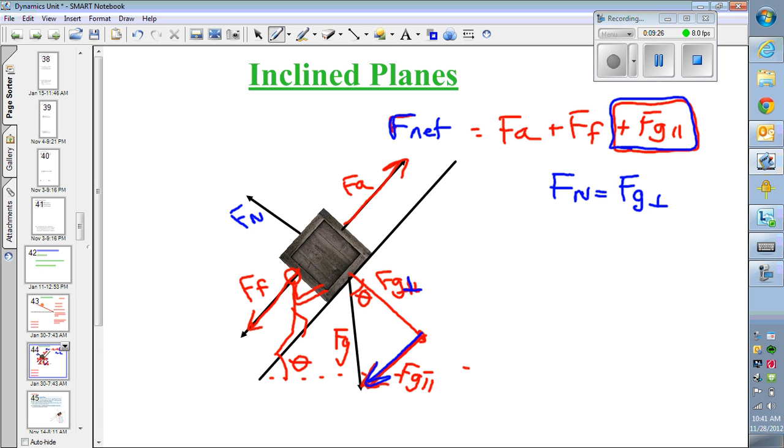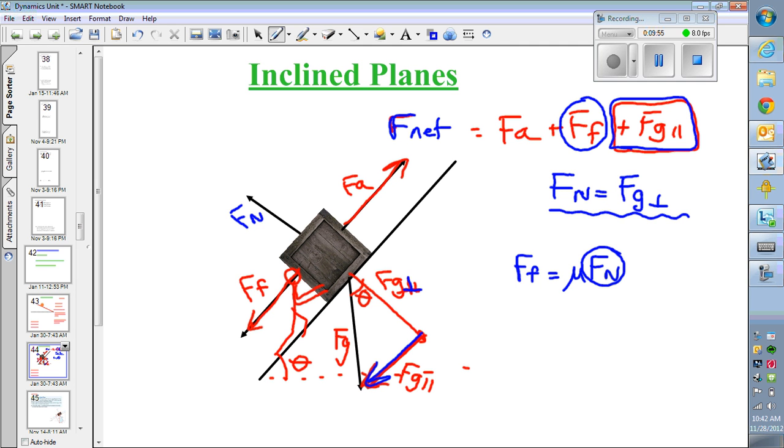The only other formula that we have to figure out when we get into our example is this frictional force. If you remember from before that the frictional force was mu times the normal force. Well, the good news, that's still the same formula. Ff equals mu Fn. But our Fn is now different. As we just said, Fn is not Fg. It's now the perpendicular component of Fg.